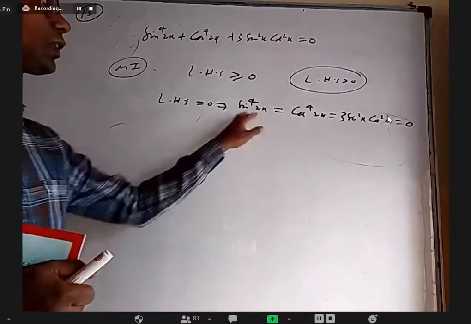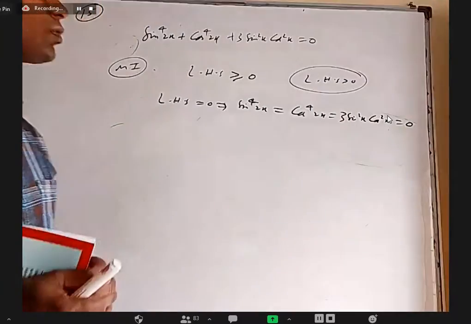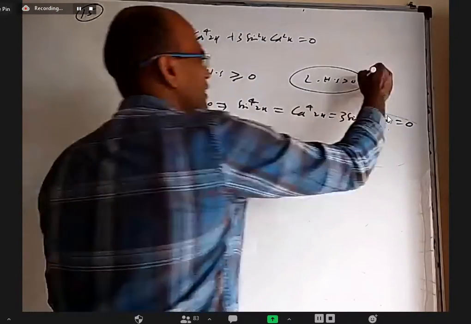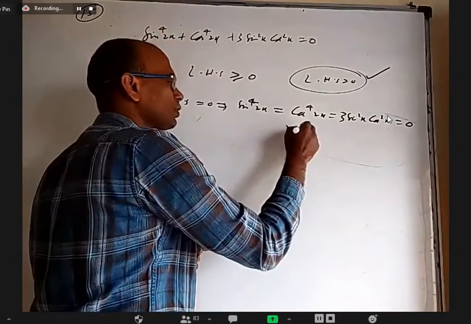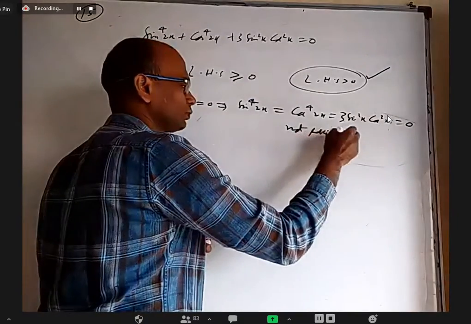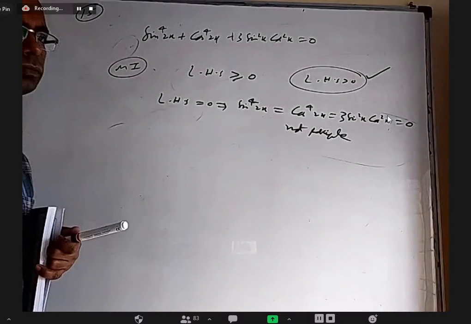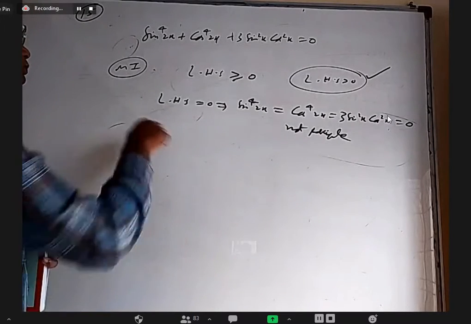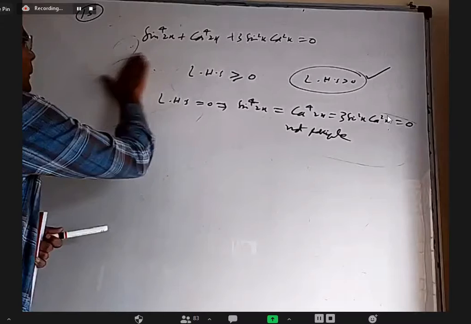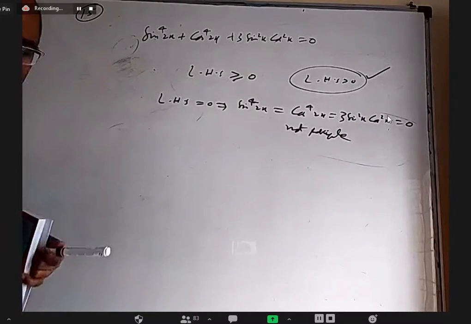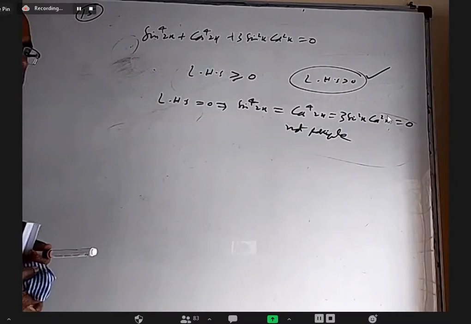Okay, so they are both equal to 0 will not happen simultaneously. So it is actually LHS is greater than 0. This equal to 0 is not possible. Okay, so no solution. Somehow we can take something common and do some simplification, but not necessary.